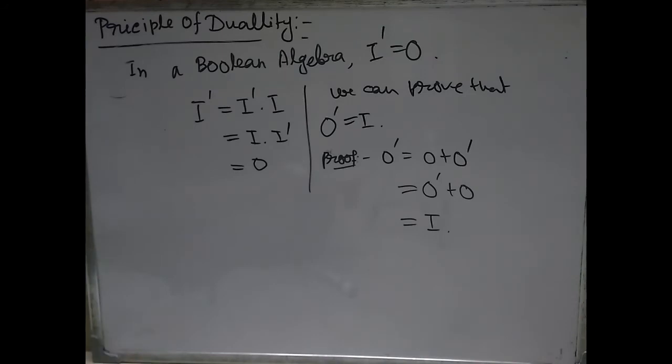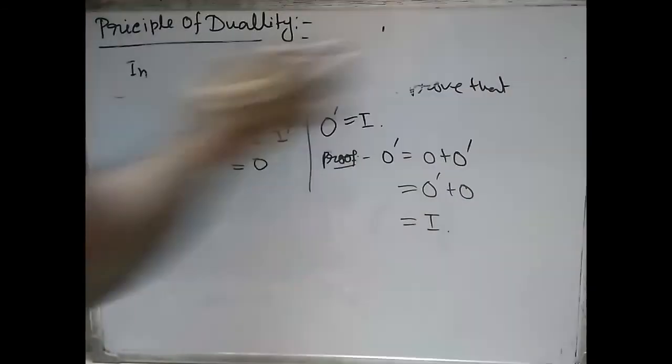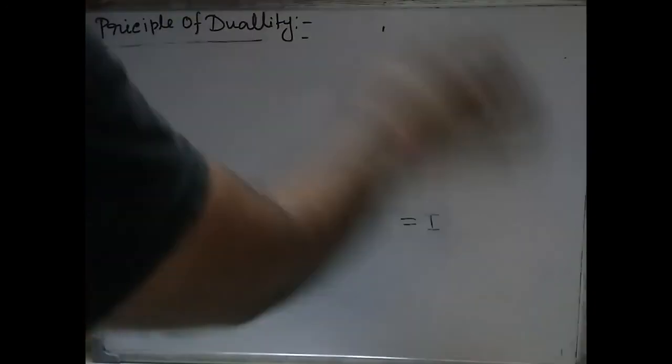In view of the principle of duality, we need only prove one part of each theorem in a Boolean algebra.